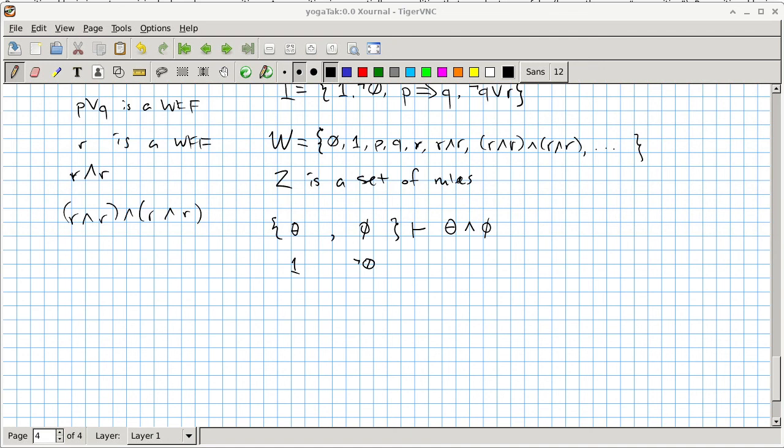I'm picking up theta as 1. I'm picking up not 0 as phi. So that means at this point of time, I can now say 1 and not 0 is now also marked as true. This is how we quote unquote spread or infect well-formed formulae in the set W by truthfulness.